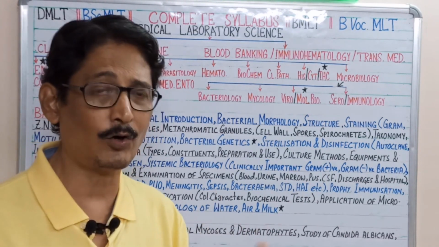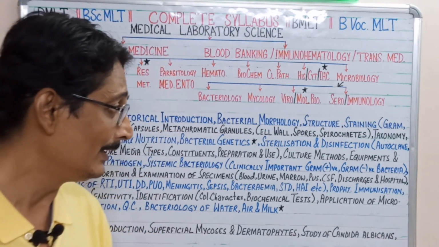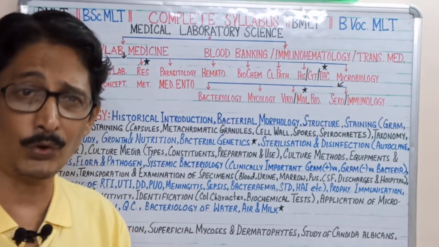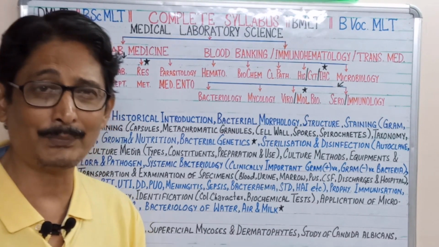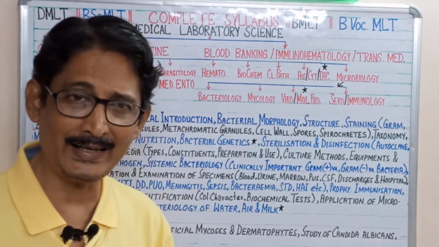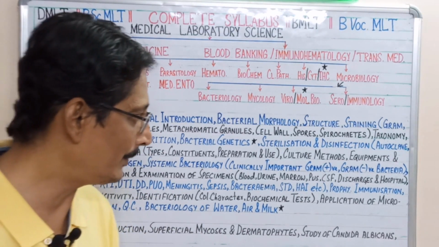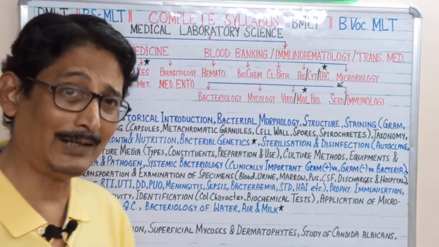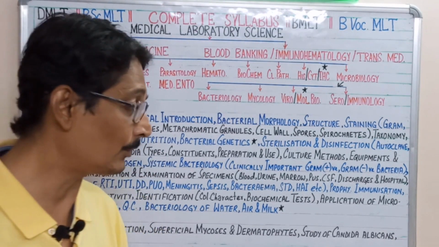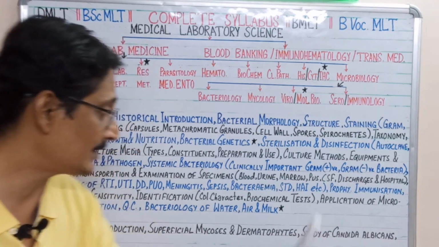So regularly in a large hospital where an operation theatre is running, the operation theatre bed where the patient is operated, the floor, these floor-based samples are tested in the laboratory to see whether any bacteria reside there. If bacteria reside there, we have to take precautionary measures, and also the laboratory bench tops, we have to culture them to see whether there are bacteria there. So the hospital section is very important.